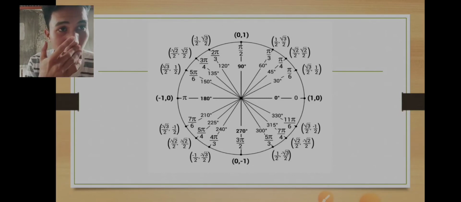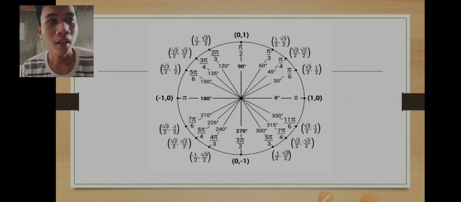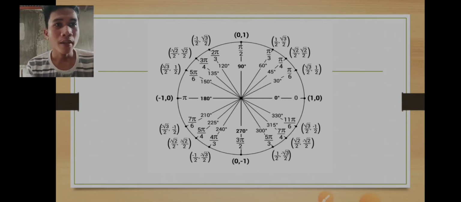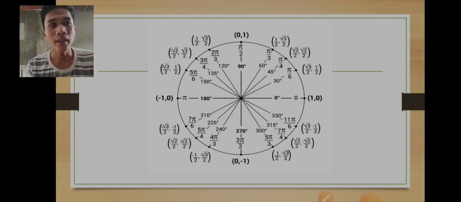So let me start with 30 degrees or pi over 6. The coordinate of pi over 6 or 30 degrees is: the cosine is square root of 3 over 2 and the sine is 1 half. And 45 degrees or pi over 4, the cosine is square root of 2 over 2 and the sine is also square root of 2 over 2.